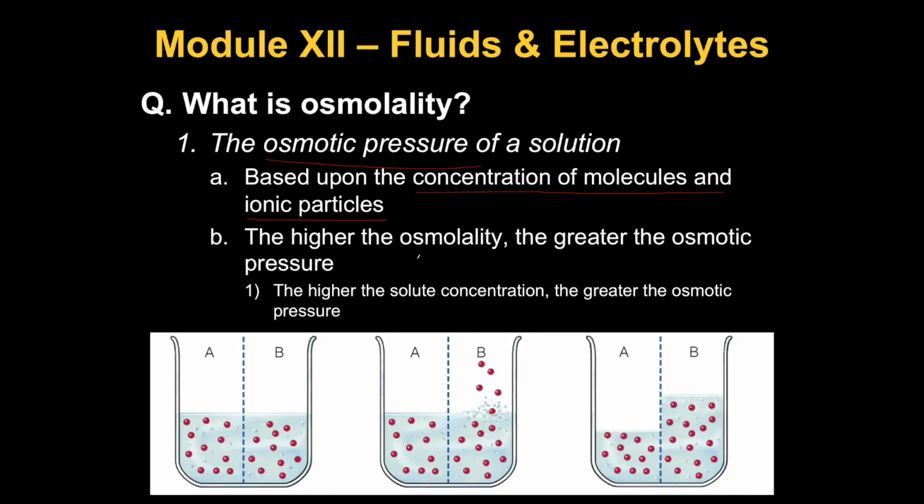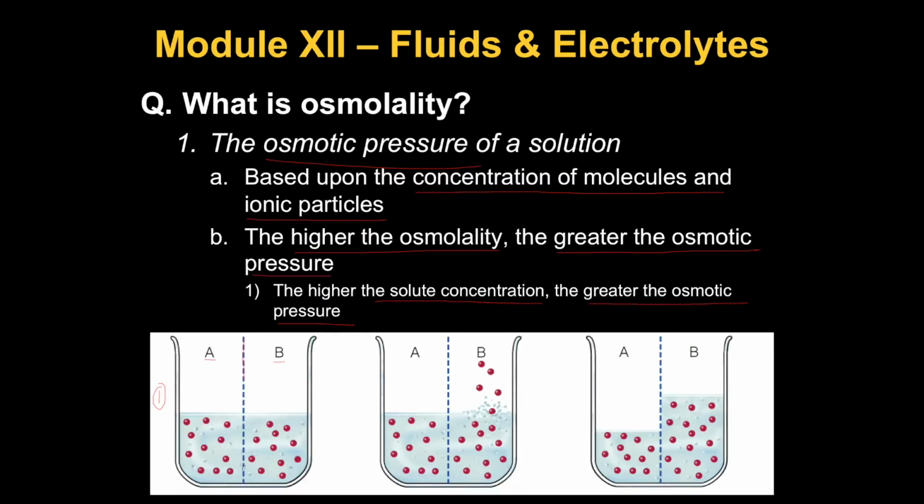As a general rule, the higher the osmolality of a solution, the greater the osmotic pressure is going to be. So the higher the solute concentration, the greater the osmotic pressure. Just as an example, we've got 3 beakers listed below in this figure. In the very first beaker, which I'll label 1, we have an A side and a B side separated by a semi-permeable membrane, this blue dashed line.